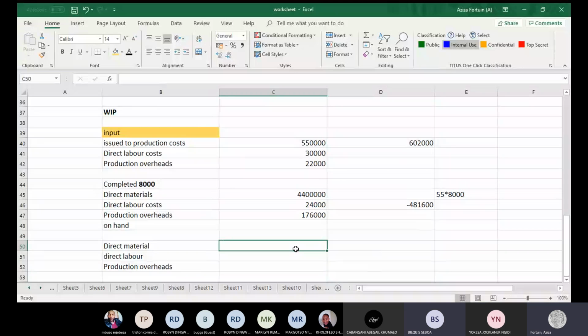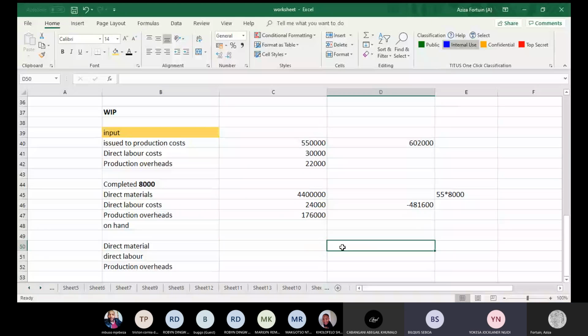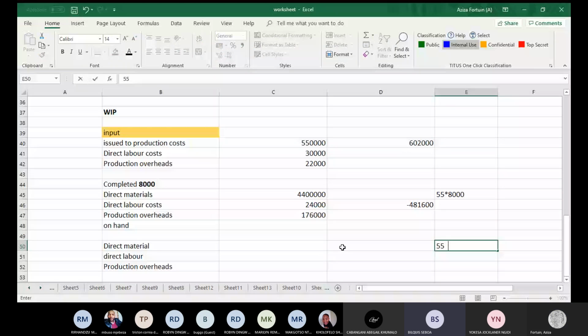It's the same formula, 550,000 divided by 10,000 units, but now we only have 2,000 units left, so you times it by 55 and get 110,000.